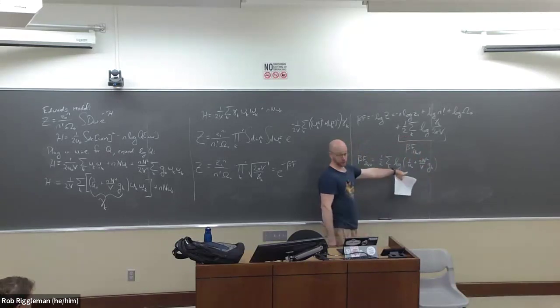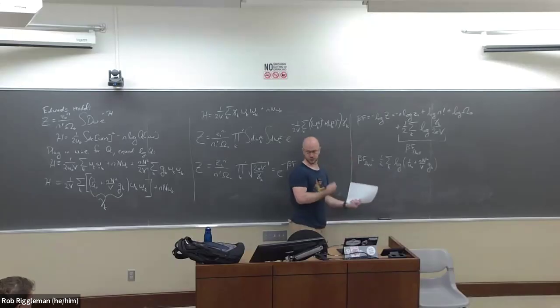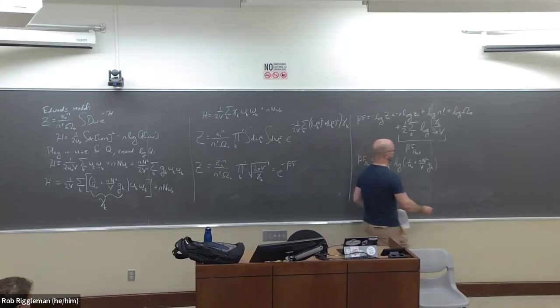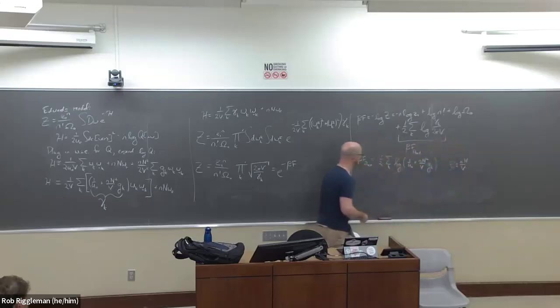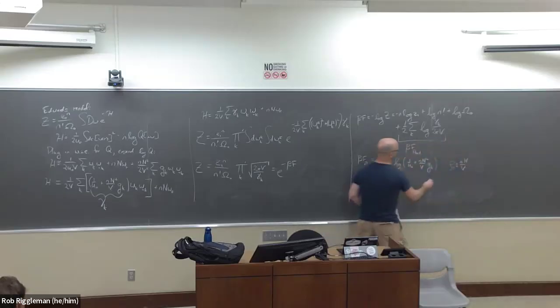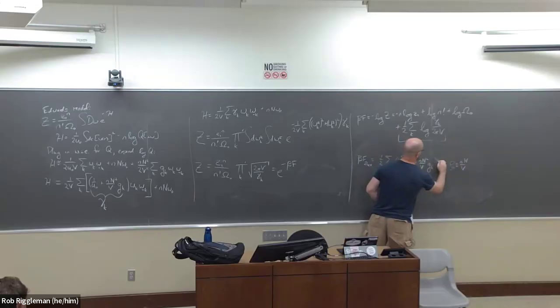And inside the natural log, I'm going to multiply and divide. I'm going to pull out a factor of 1 over u0. Again, it's just going to be like a constant shift in the free energy. It's not going to matter. And I'm going to define rho naught as the monomer density. And we're going to multiply in here u naught over u naught.